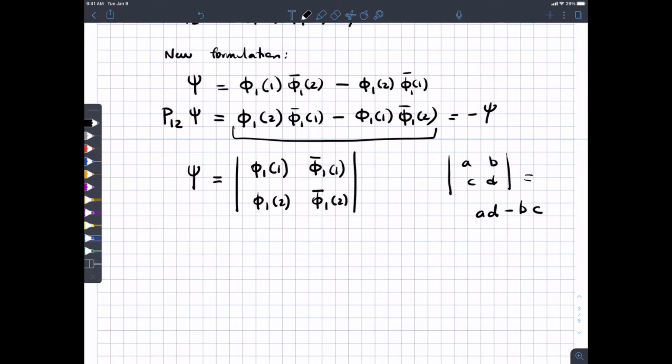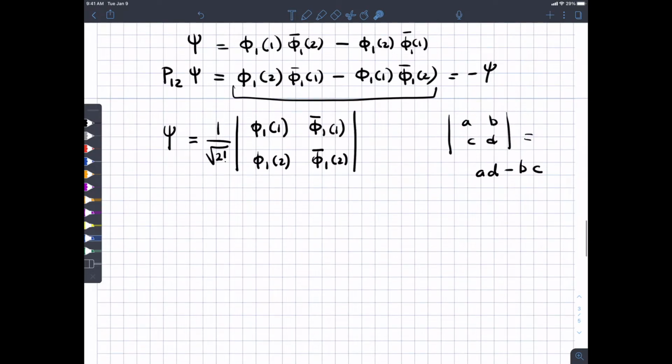But there's also included in the front a normalization factor that makes it so that the overall wave function, if you take the product of this wave function times itself, it equals 1. Don't worry about this normalization factor. I've included it simply for convenience. But look at the columns of this determinant.